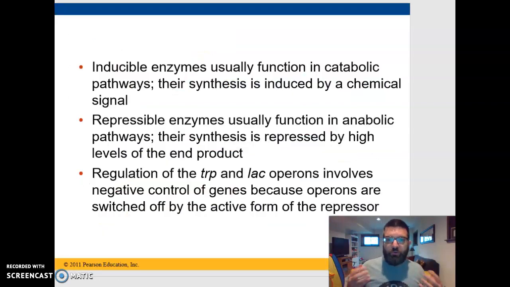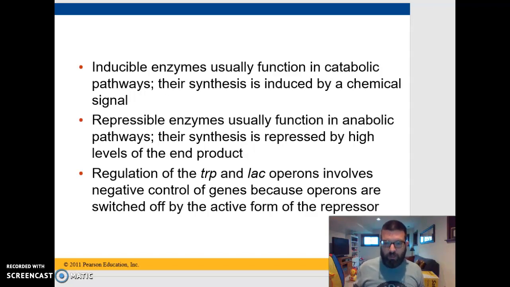Again, generally, operons that code for several enzymes involved in a catabolic pathway that breaks something down, like lactose, for instance, are inducible operons, meaning their default state is off, but if those nutrients are present, it induces you to turn on that operon.